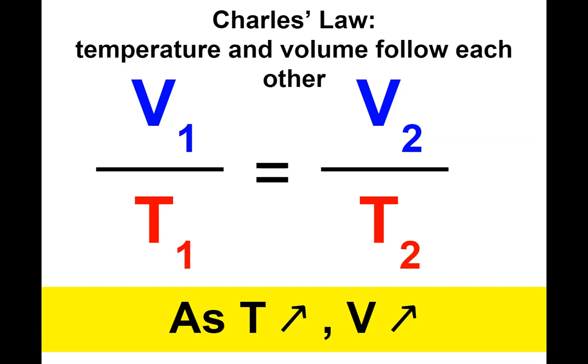If you squish a gas, it heats up. Strange, but true. How your refrigerator works is by expanding a gas, and that's how it makes things cold. Anyway, V1 over T1 equals V2 over T2.